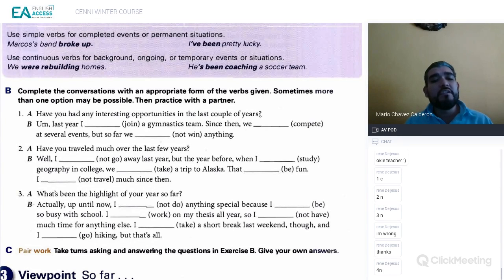Have you had any interesting opportunities in the last couple of years? Last year, I joined, yes, in past, right? In past, because it's something that happened, it's completed.